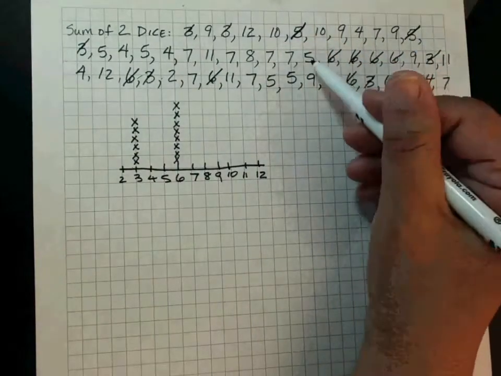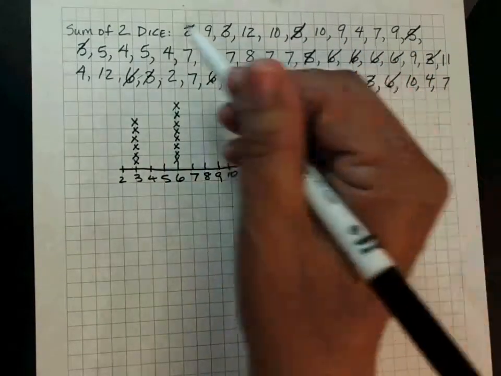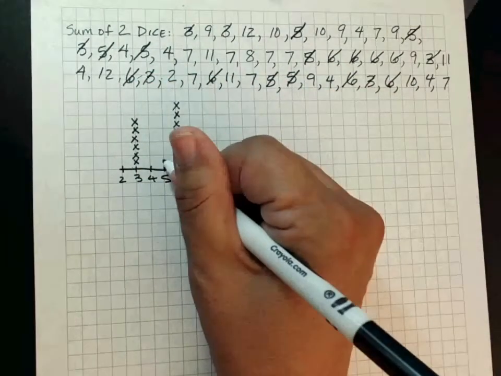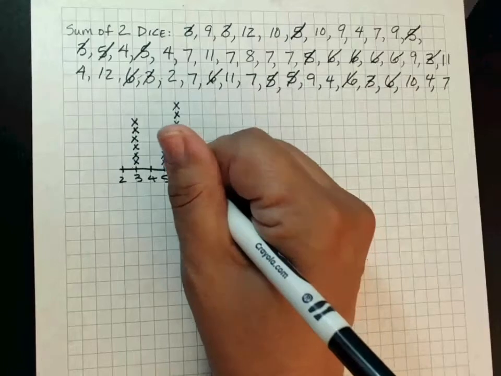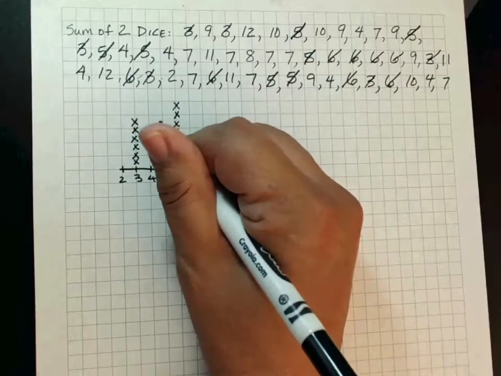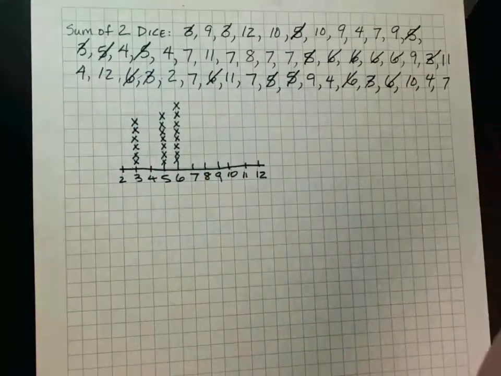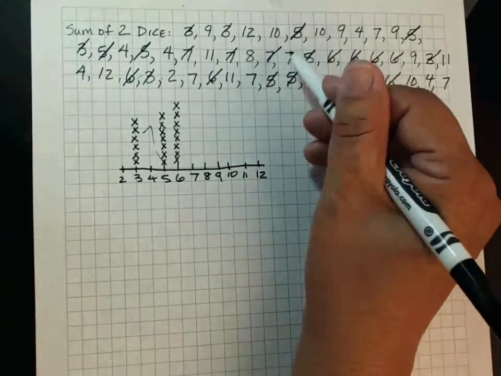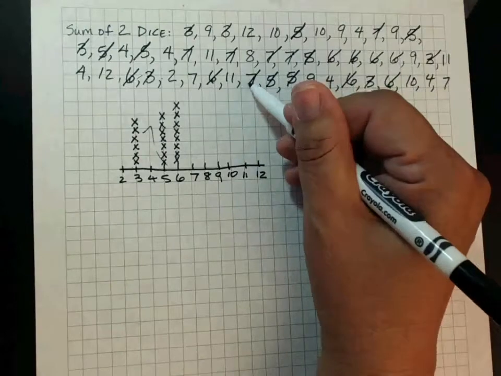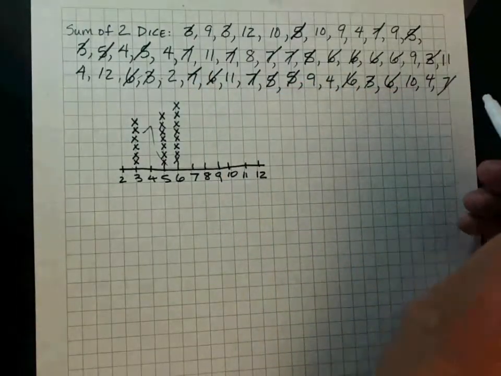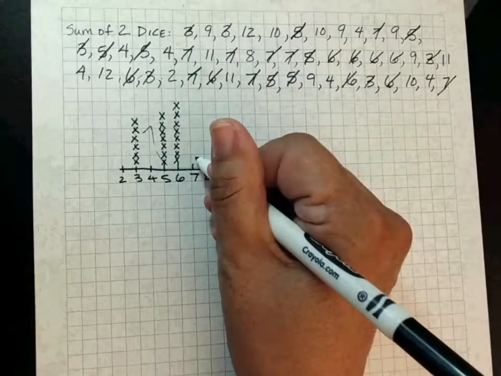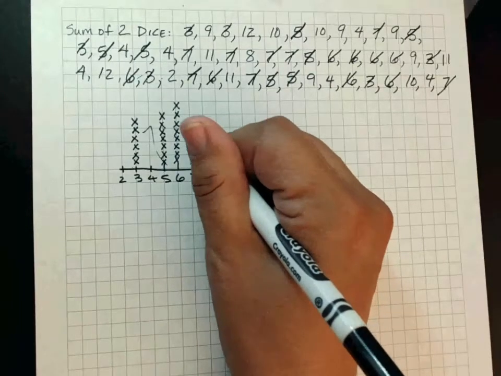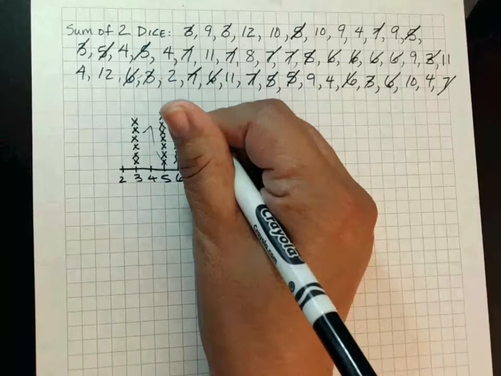I have 7. Let's do our 7's. Whoops. Looks like I have 8 7's.